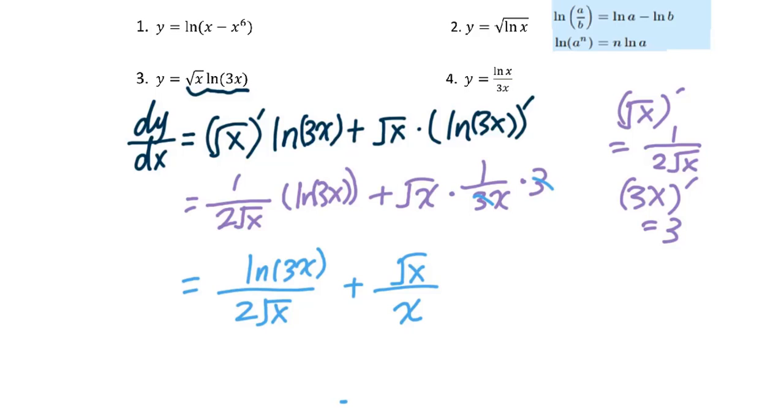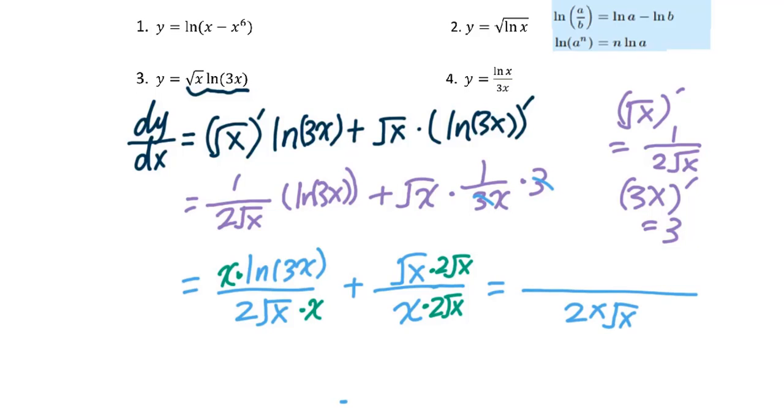If you want to combine together, you multiply by square root of x, top and bottom, so you will get 2x square root of x at the bottom. Top, you will get x natural log of 3x plus 2x.